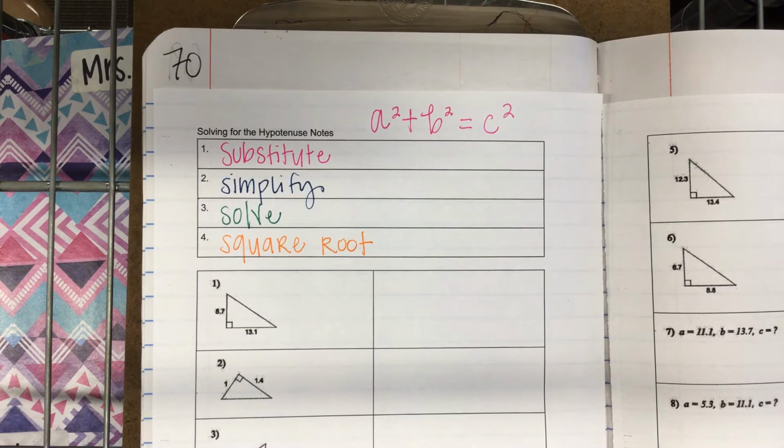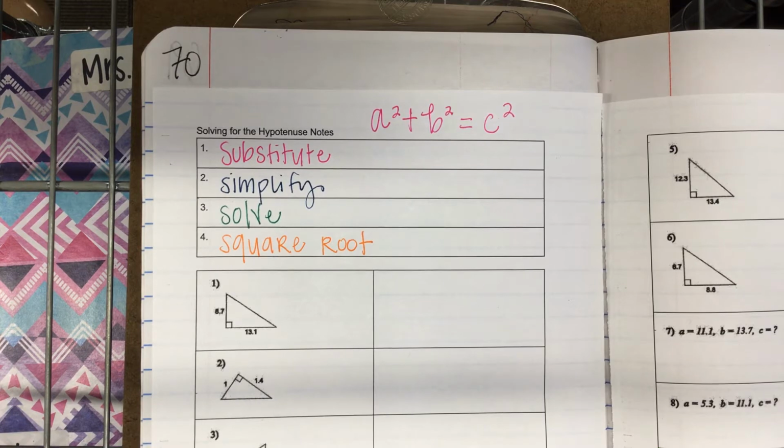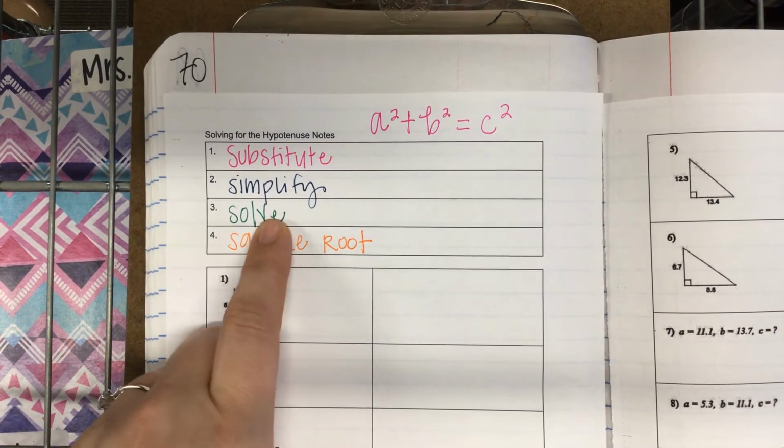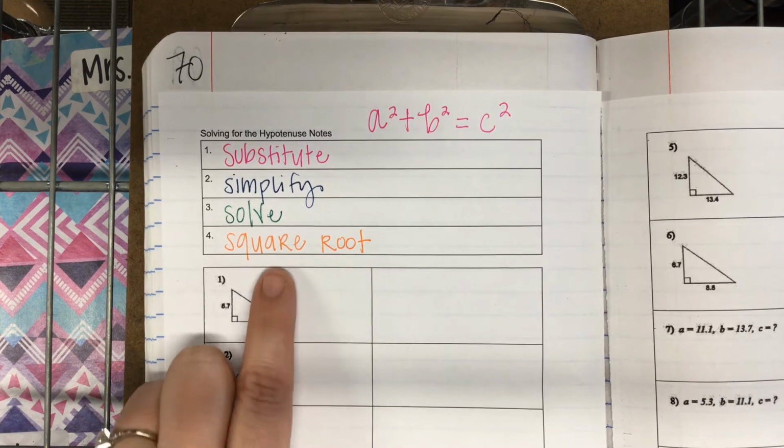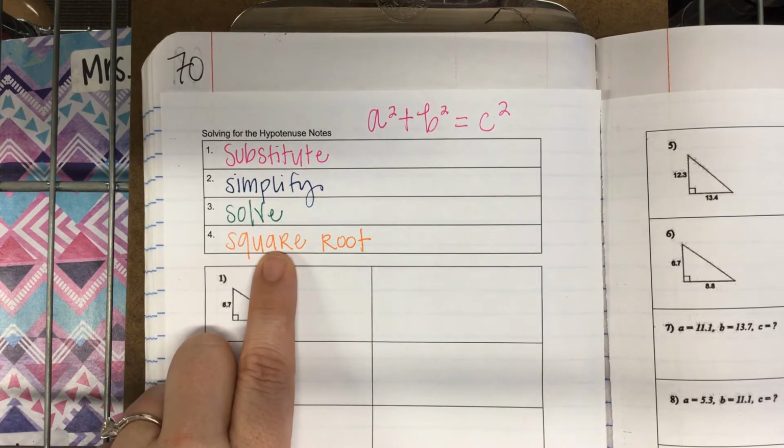So we're going to substitute, which means put it into the problem. Put numbers in place of variables, substitute. Simplify means to make it easier. Solve means to get the variable alone. Today, solving is probably going to happen already for us, so we don't need to get to that point. And then the last part is square root.